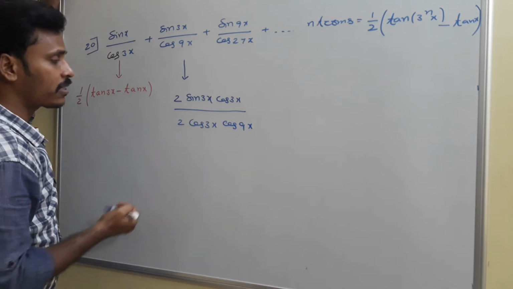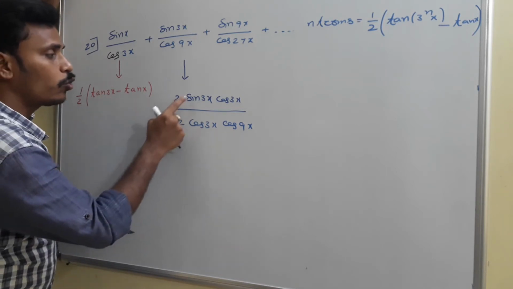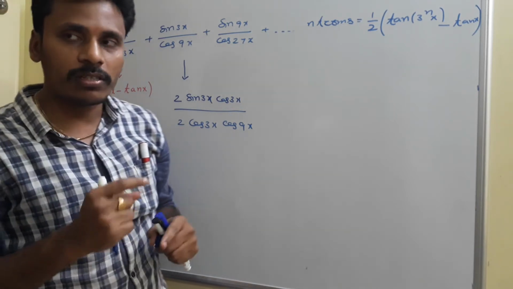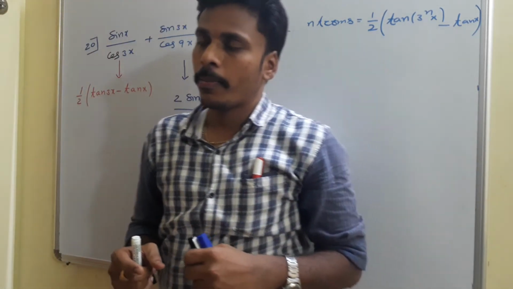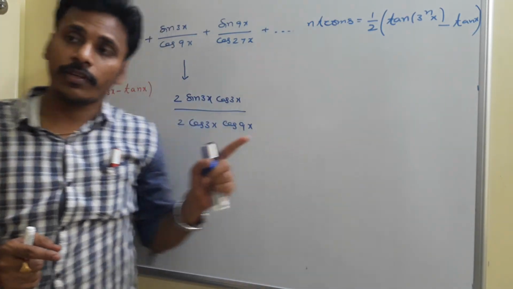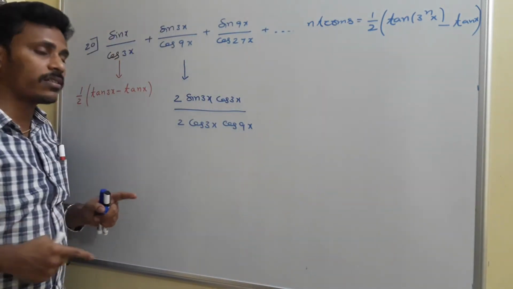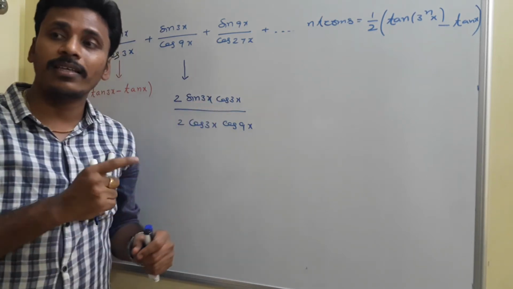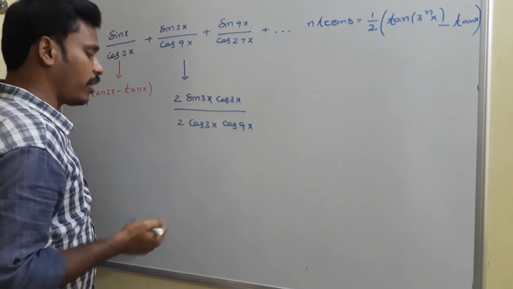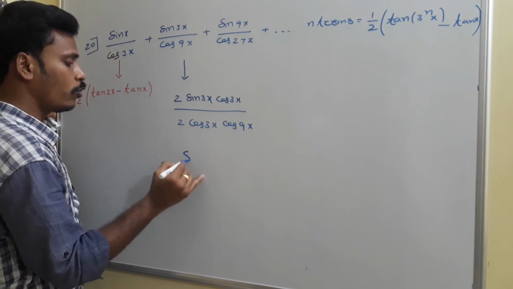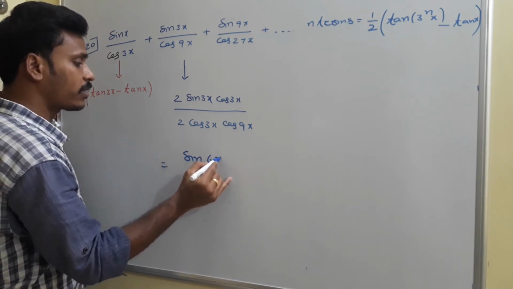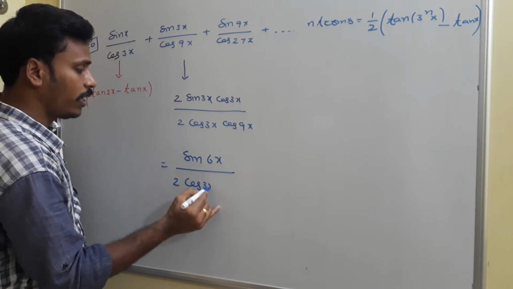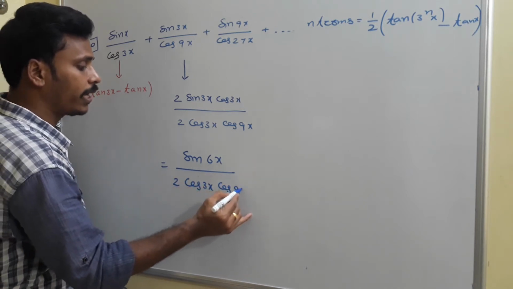In the next step, just look there. 2 sin theta cos theta is sin 2 theta. In the first term, 2 sin x cos x is sin 2x, and here 2 sin 3x cos 3x is sin 6x, double this 3x. And this is equal to sin 6x divided by 2 cos 3x cos 9x.